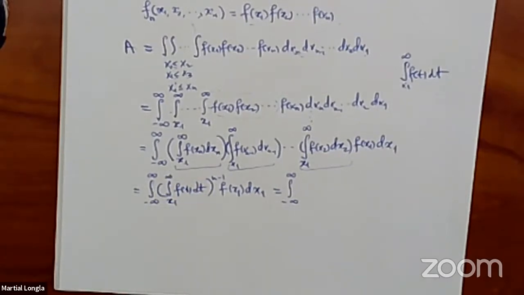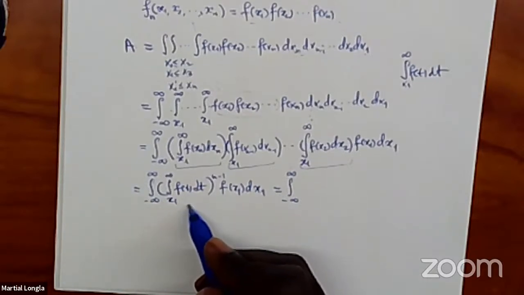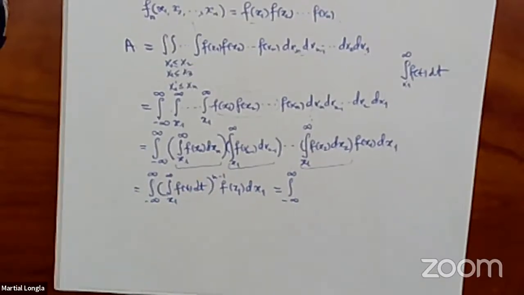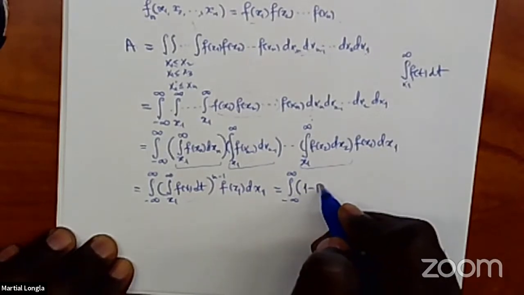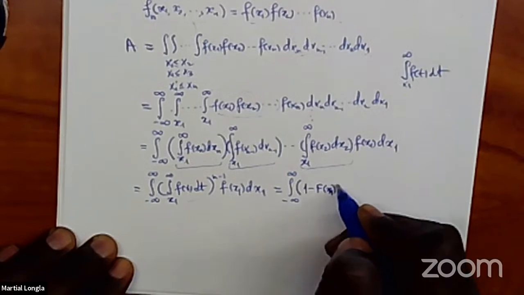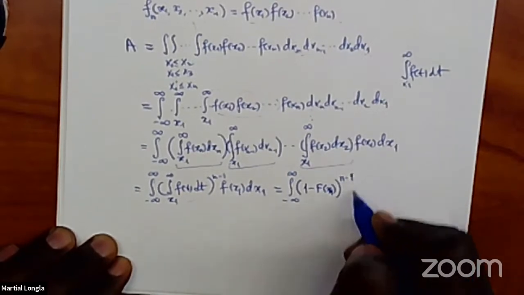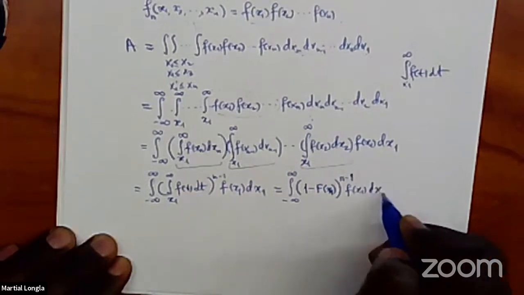Well, it's 1 minus capital F of x1, raised to the power n minus 1, times little f of x1 dx1.